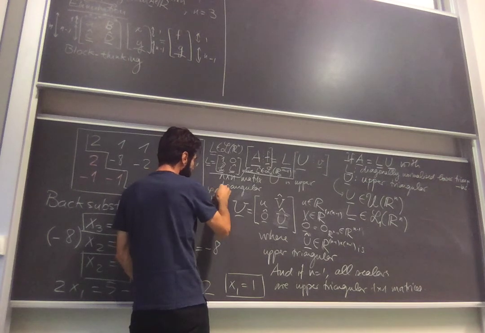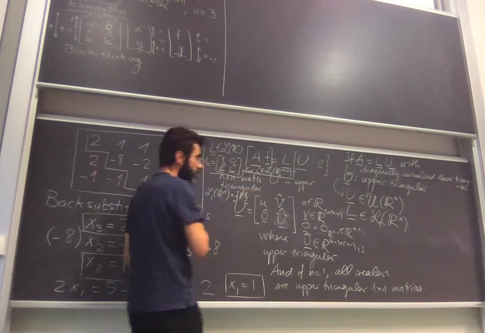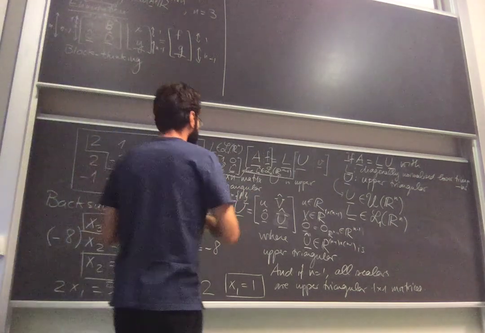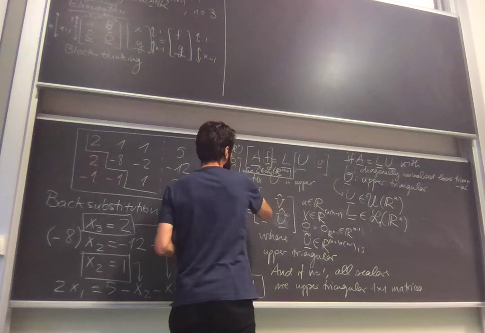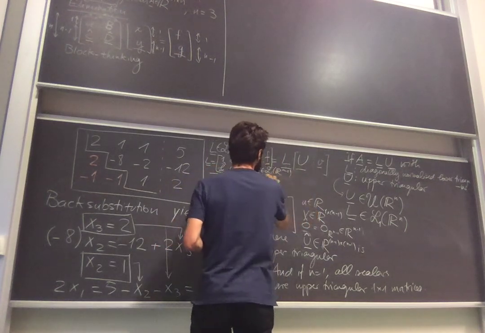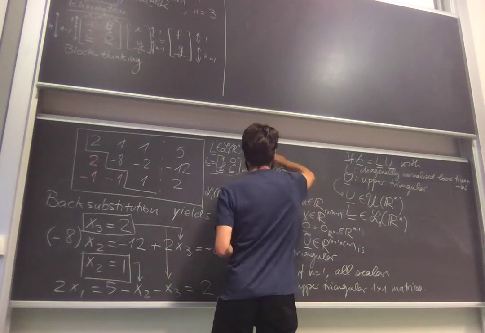L1 R1 is simply this guy here. Okay, let me rub a little bit of stuff. So I can remove all this stuff so I can read what we were.